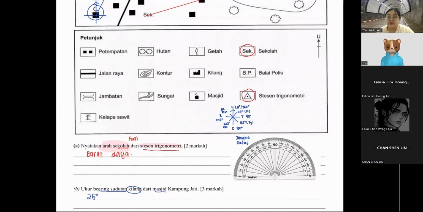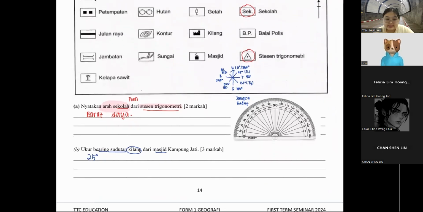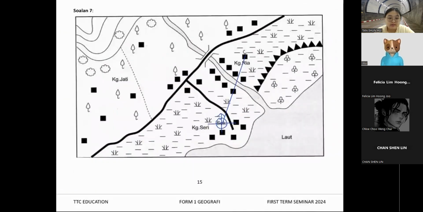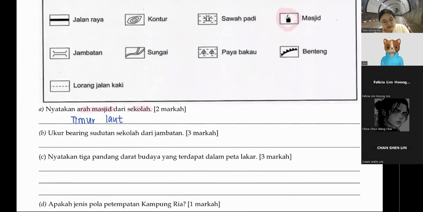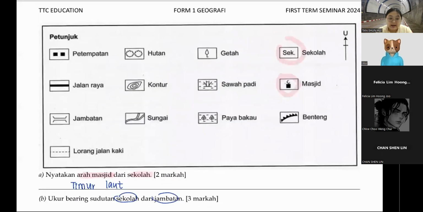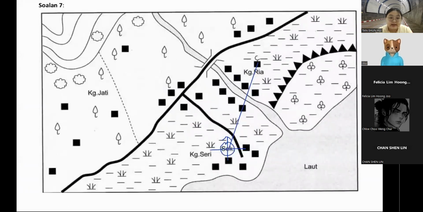Let's try one more. Now, here. They say, ukur bearing sudutan sekolah dari jambatan. From where? From jambatan to school, right? They want the bearing of sekolah. So dari jambatan. Let's find out jambatan first. Jambatan is here.